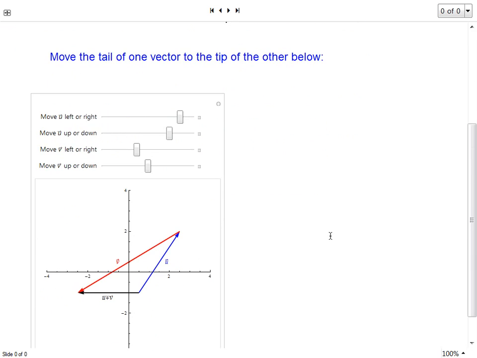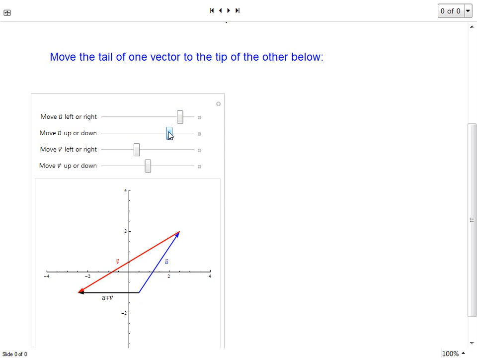Tip to tail. Right now, I'm not adding these together, right? What I need to do is move the U over until it touches the tip to the tail.